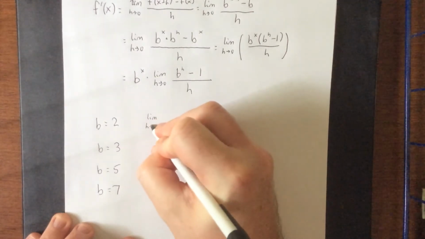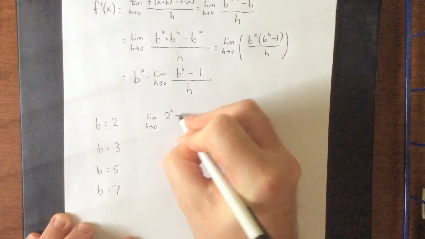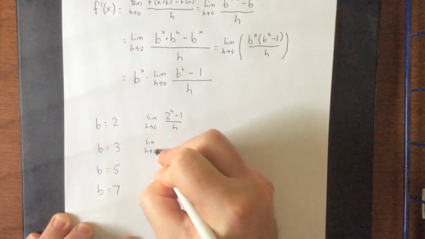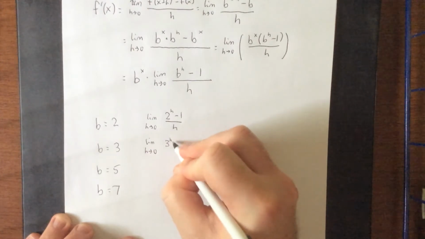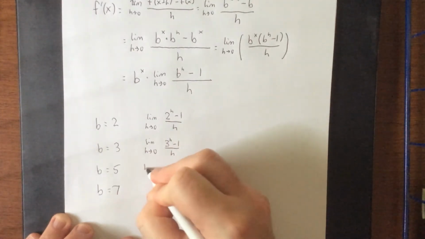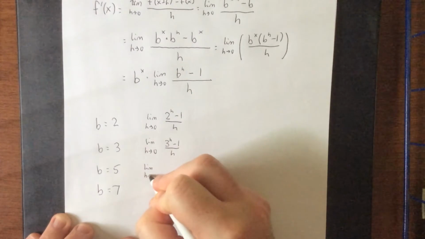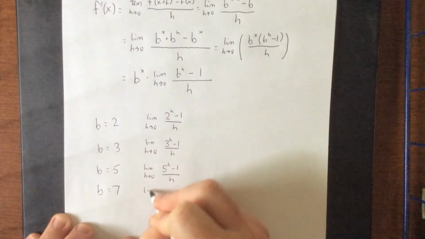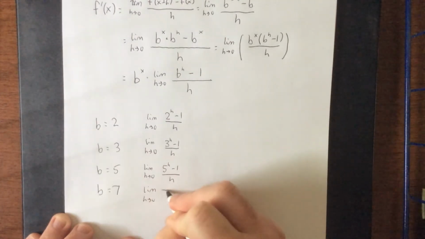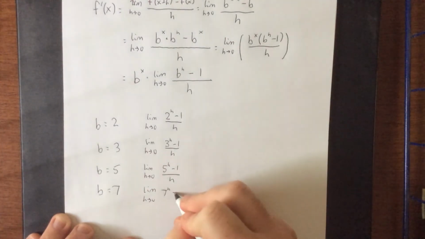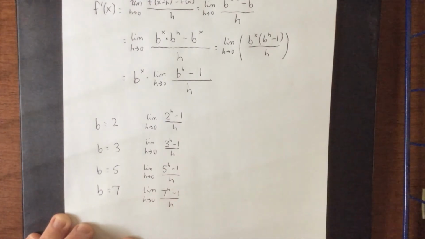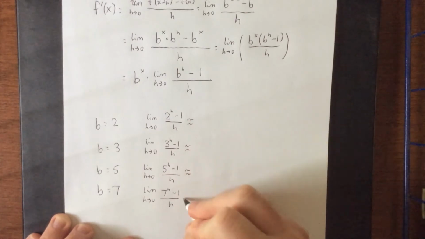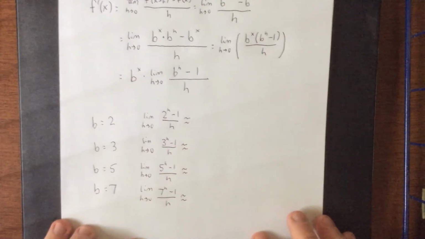That'll be the limit as h approaches 0 of 2 raised to the h power minus 1 all over h, the same for 3, for 5, and finally for 7. In all of these cases, direct substitution is going to yield 0 over 0 as it typically does.